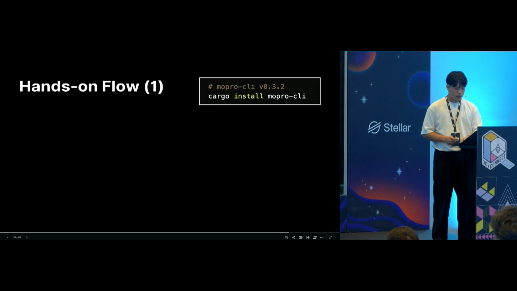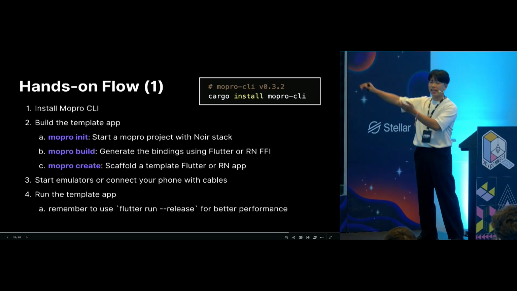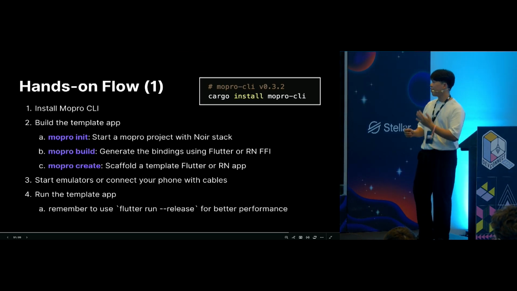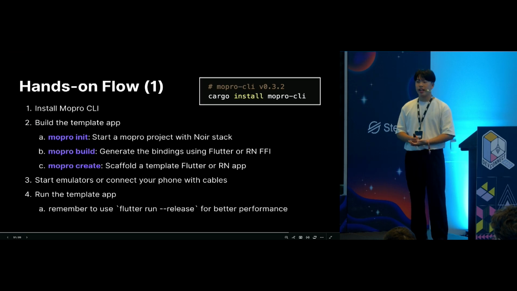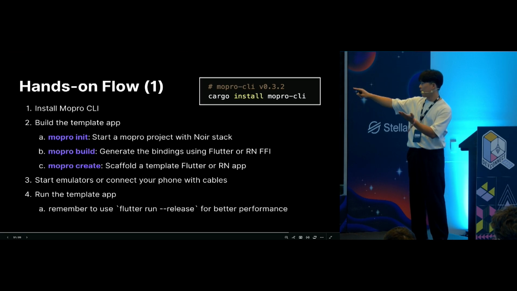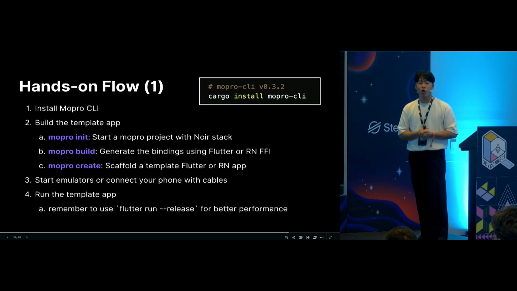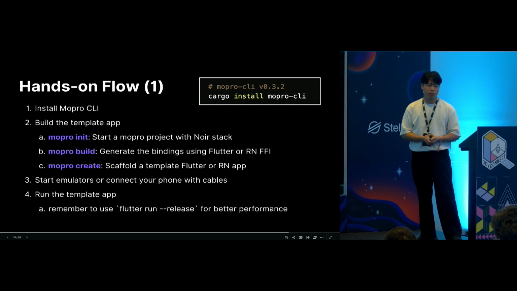So what we're going to do is, first, get the CLI ready, and then build a template app following the three commands that we introduced before. Since we are trying to build a Noir app, make sure you choose Noir when you init the Mopro project.